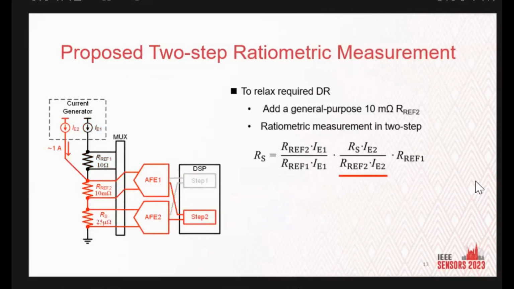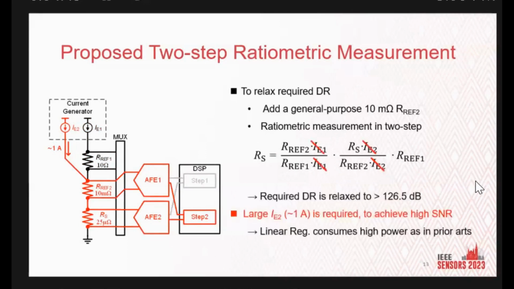In step 2, the resistance ratio of reference resistor 2 and the shunt resistor is obtained. As in the prior art, the synchronous measurement rejects the noise and drift of the reference current. So the shunt resistance is calculated from these results multiplied by the reference resistance. Therefore, the required dynamic range is relaxed to more than 126 dB.